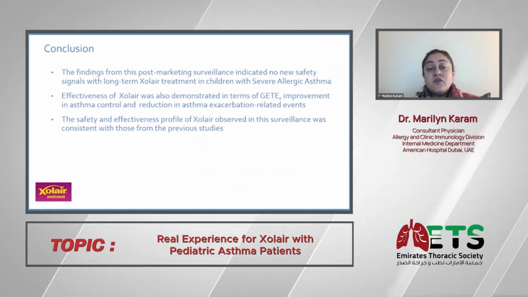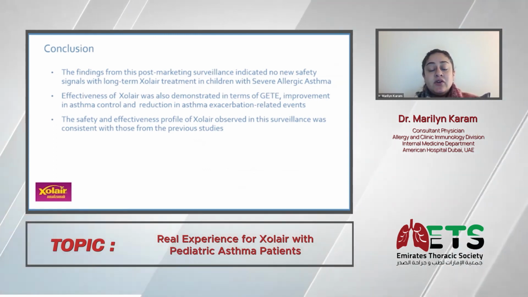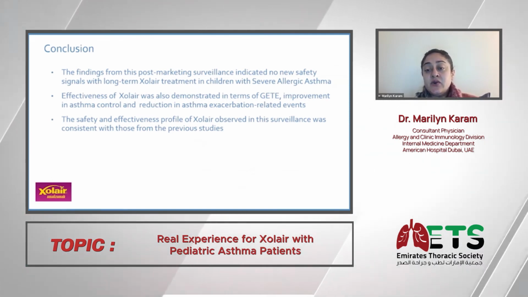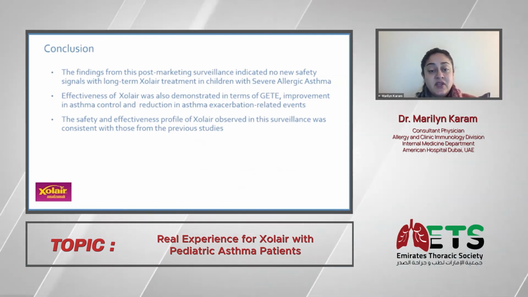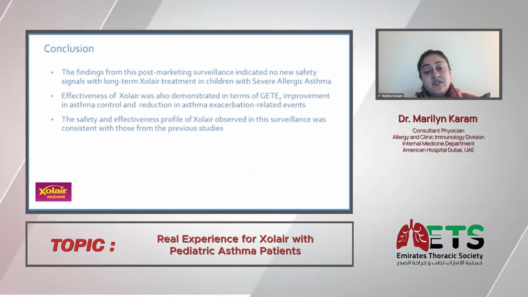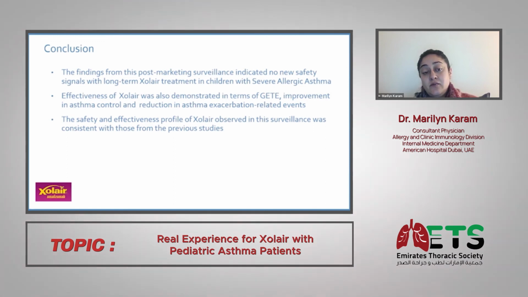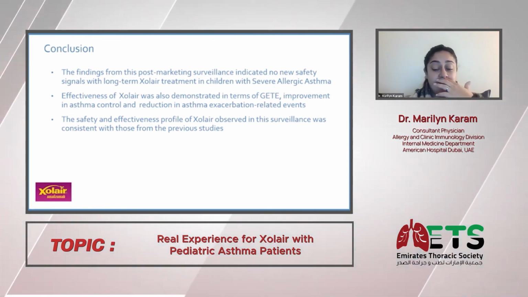The effectiveness was also demonstrated in terms of GET, increase in asthma control, and decrease in exacerbations. And the safety and effectiveness profile is consistent with all other previous studies.